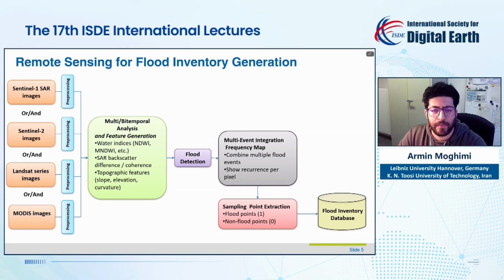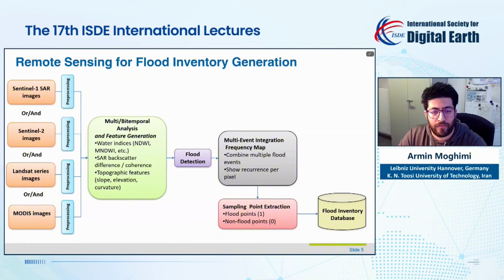The diagram here summarizes the general workflow for generating a flood inventory. We begin with multi-source remote sensing data, for example, Sentinel-1, 2, Landsat, and MODIS, each contributing different strengths for flood detection. The first step is pre-processing, for example, atmospheric correction for optical imagery and speckle filtering for SAR images. Next, we carry out bitemporal or multi-temporal analysis to extract features like NDWI from optical datasets or backscatter differences from the bitemporal SAR images.